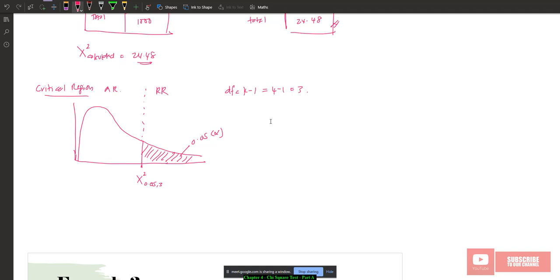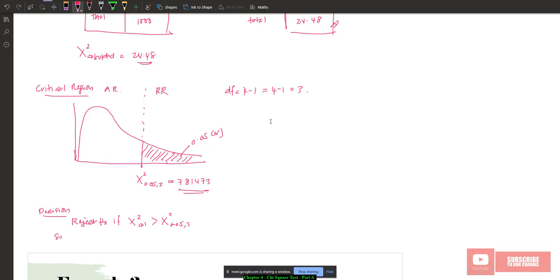So with this, it should be equal to 7.81473 by looking at the statistical table. Right. So our decision is we're going to reject the null hypothesis if chi-squared calculated is more than chi-squared 0.05 with 3 degrees of freedom.